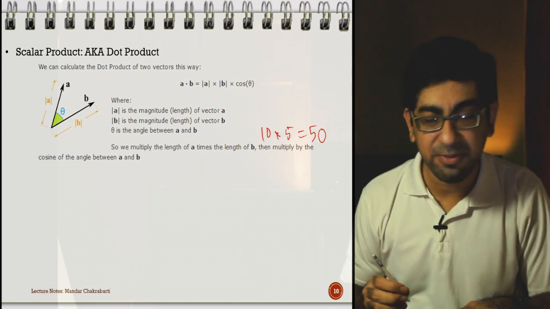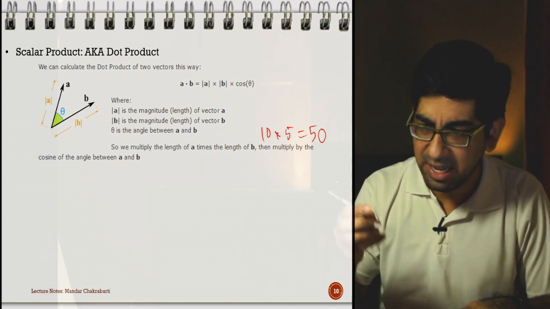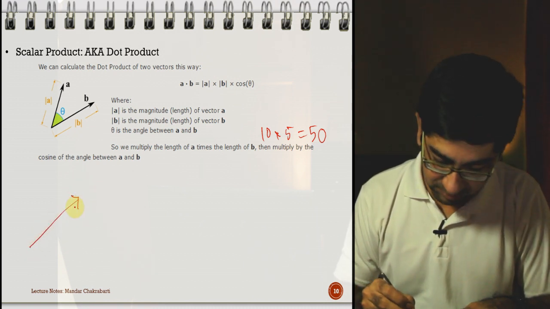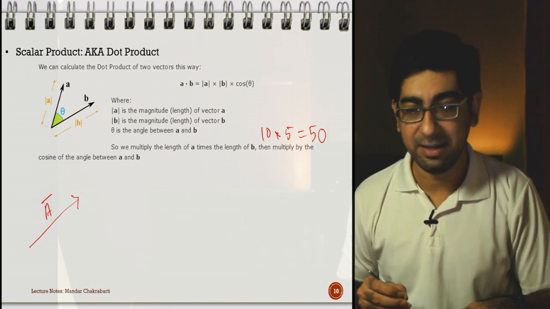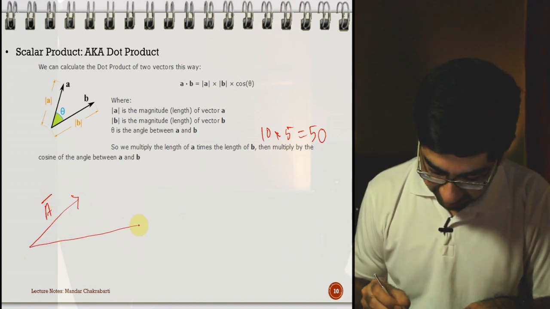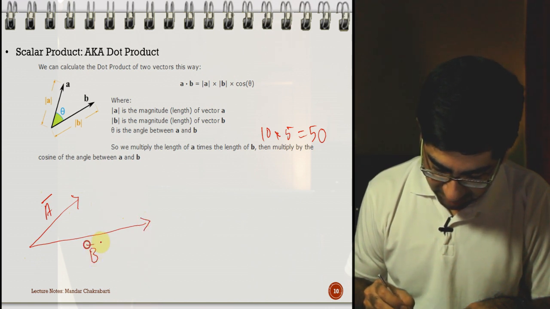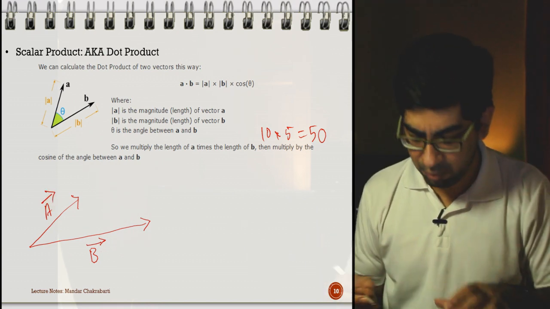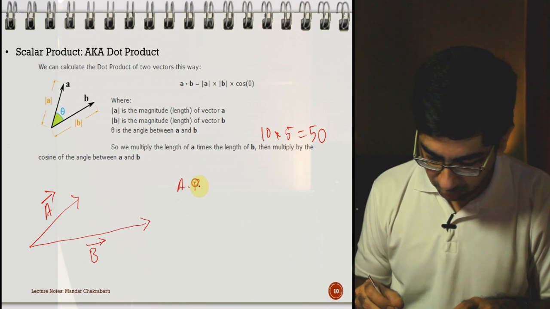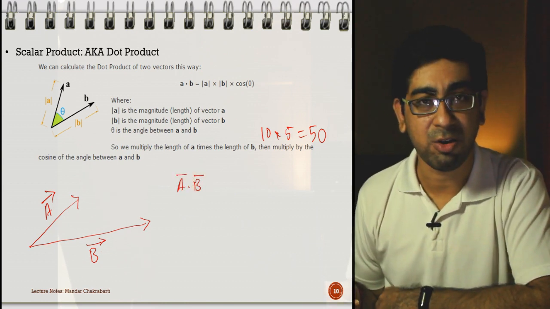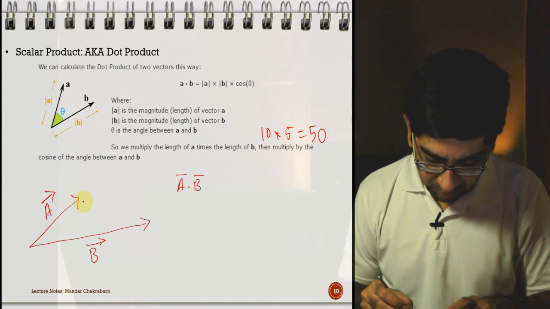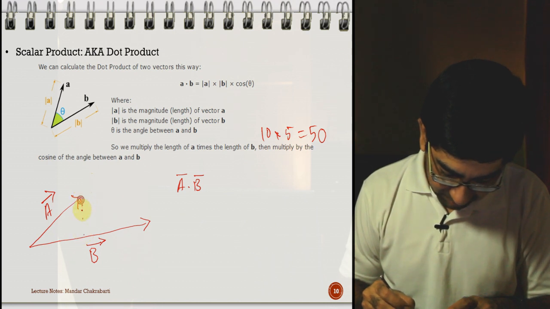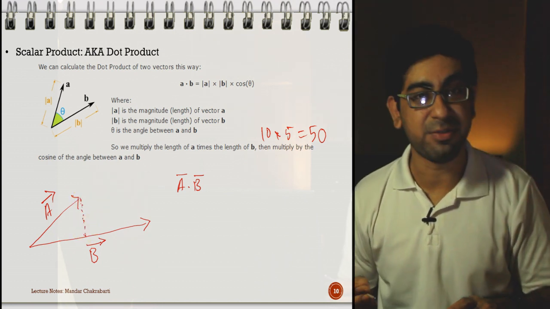So, if I were to take two vectors like those shown over here, let me consider one vector, this one is my vector A, and I take another vector, this one is my vector B. So, if I want to calculate A dot B, which is the dot product of these two vectors, basically what I want to do is take the projection of this vector onto the other vector.